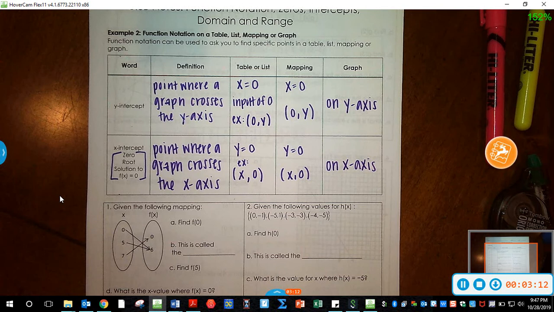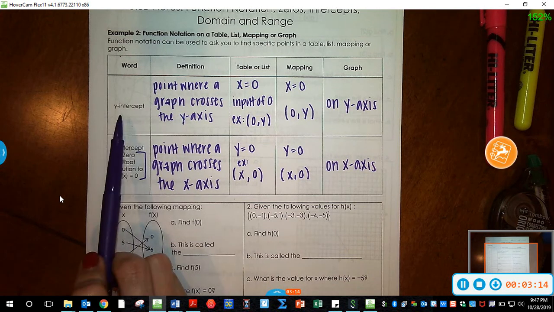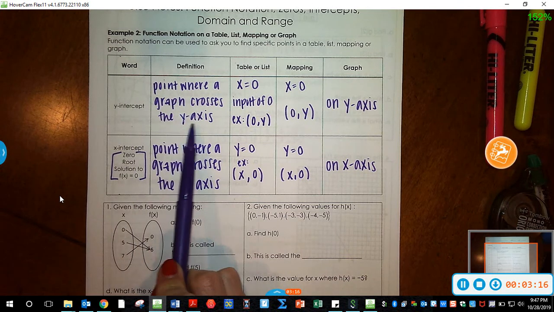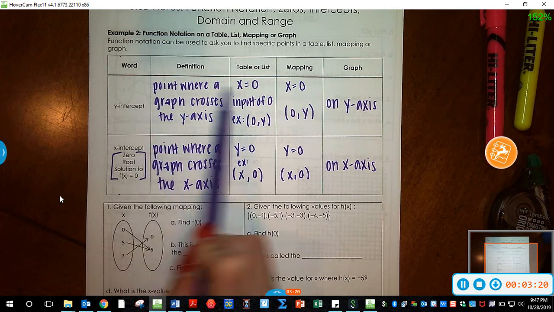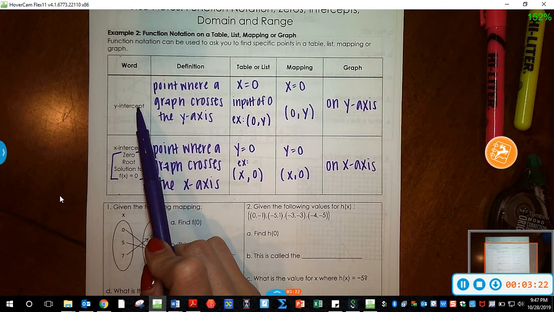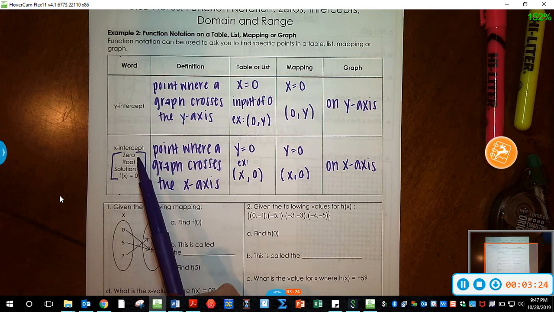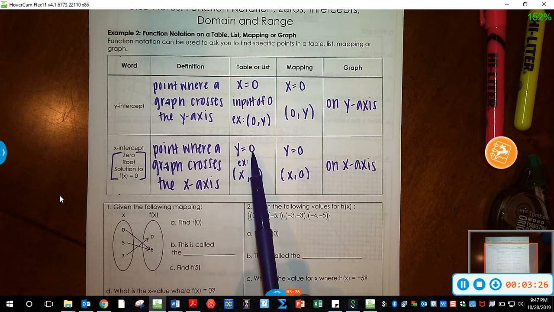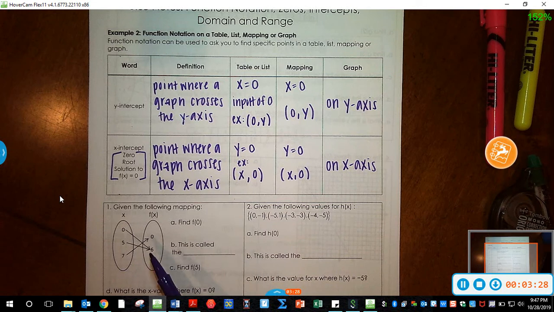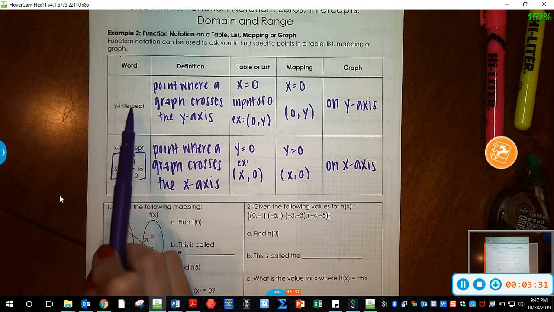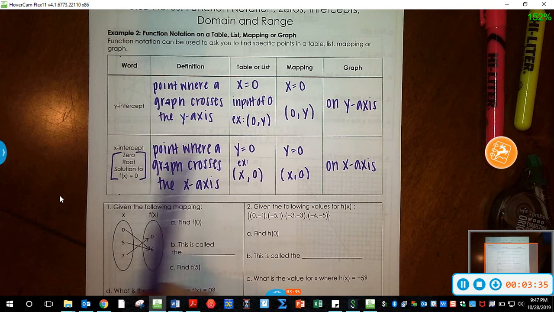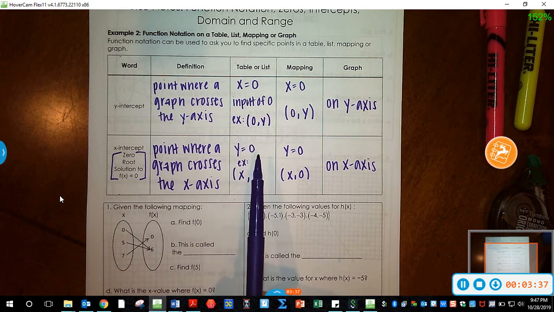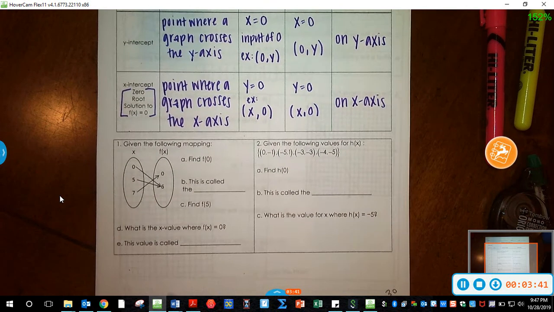So again, just to reiterate, the y-intercept is a point on the y-axis. The x is always 0 for the y-intercept. For the x-intercept, the y is always 0, and it's on the x-axis. So anytime you see the word intercept, that should be a big red flag that 0 is going to be one of my values.